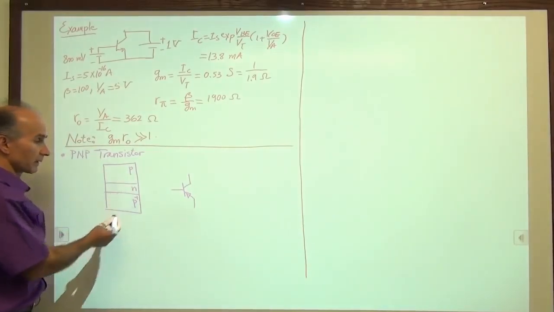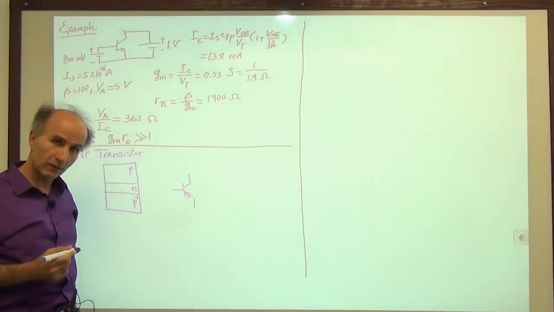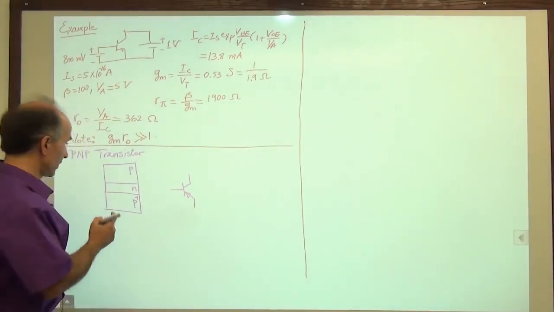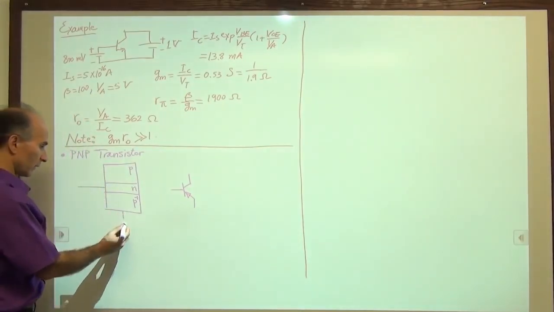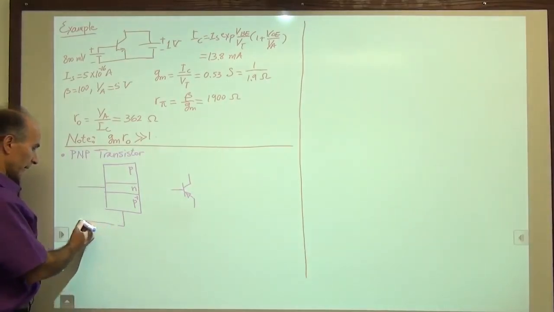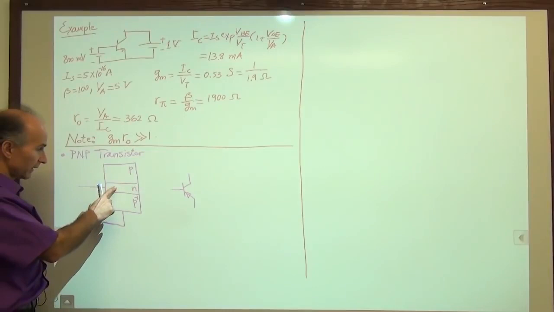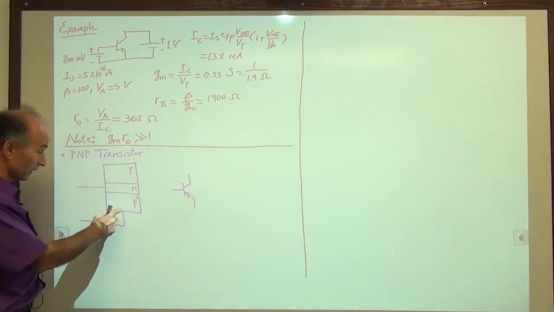So we want to bias this PNP transistor in the forward active region. So we have to forward bias the base emitter junction. This is the base, this is the emitter. How do we do that? We need to connect a battery, but which side of the battery goes where? Well, this side has to be more negative than this side to be forward biased.